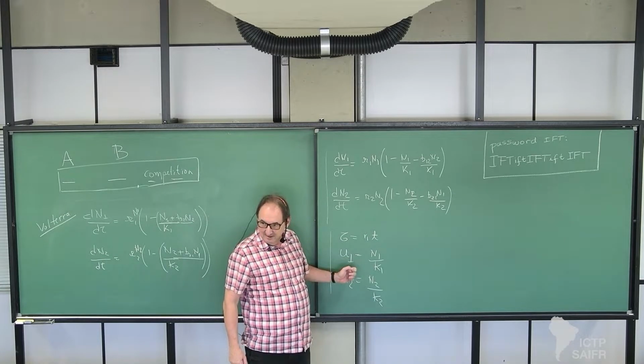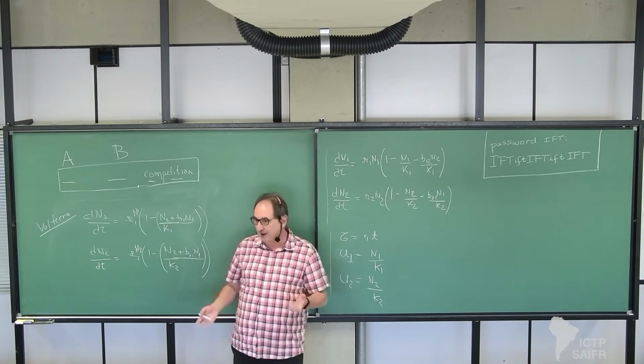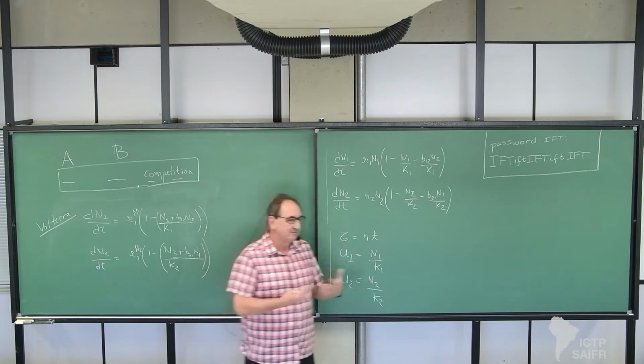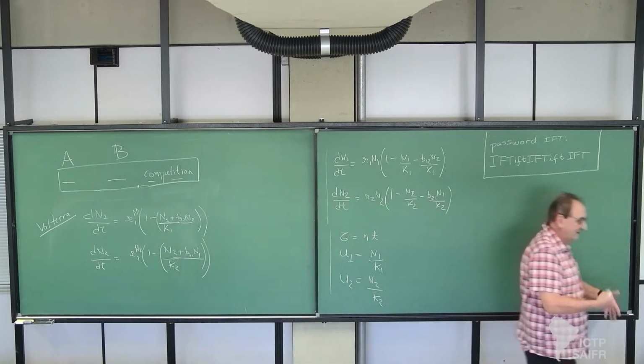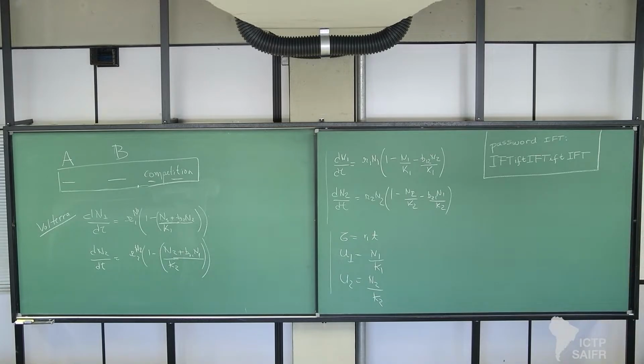And if I want to go back to real things, I just have to take 0.5 and multiply by k1, and then I get back to 100. I can go back and forth between both.